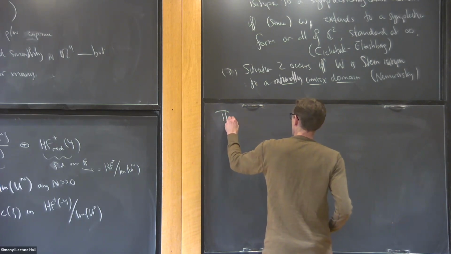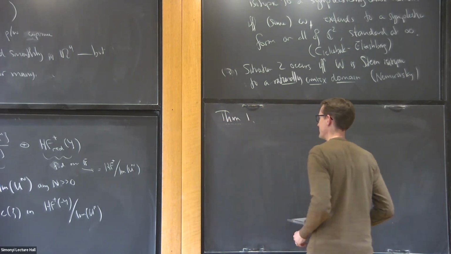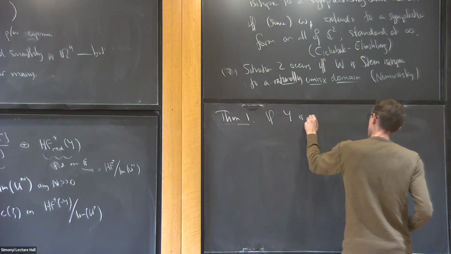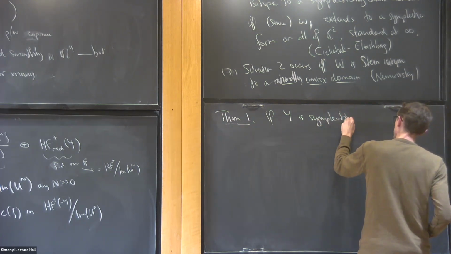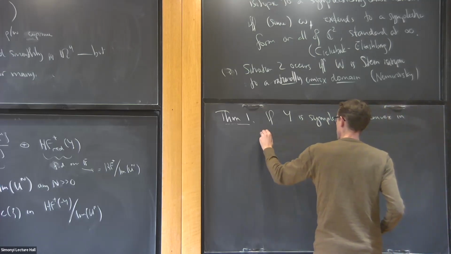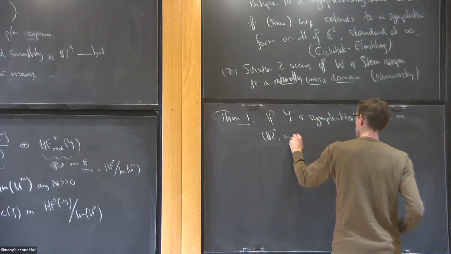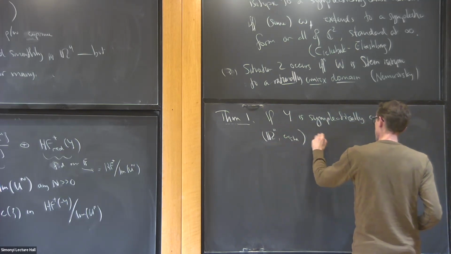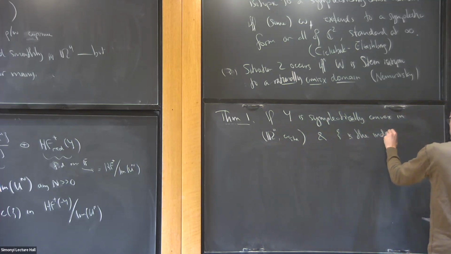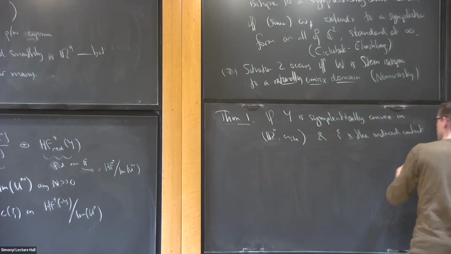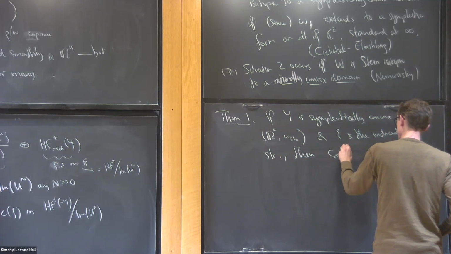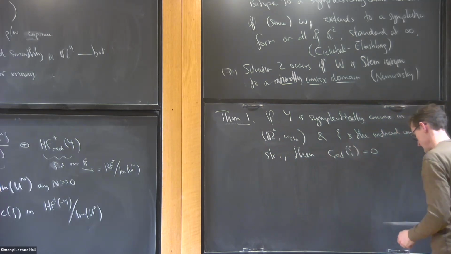So maybe I'll number the theorems starting from here, at least some of them. If Y is symplectically convex in R4 with the standard symplectic structure, and xi is the associated contact structure, then this reduced contact invariant has to vanish.